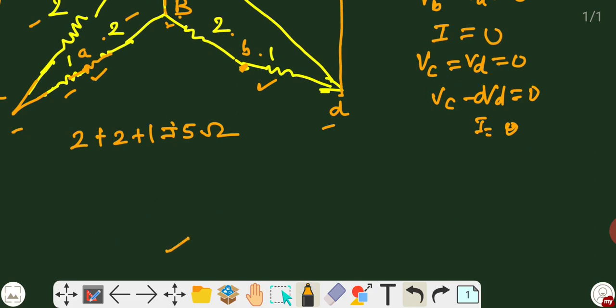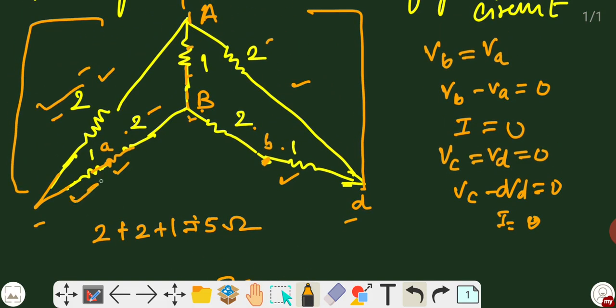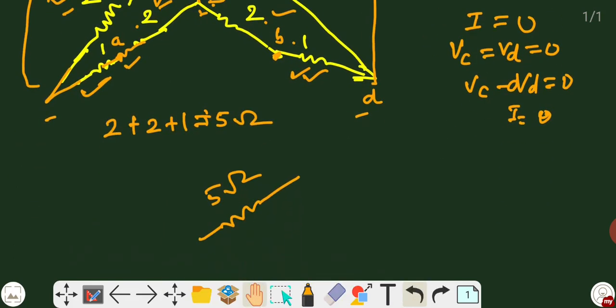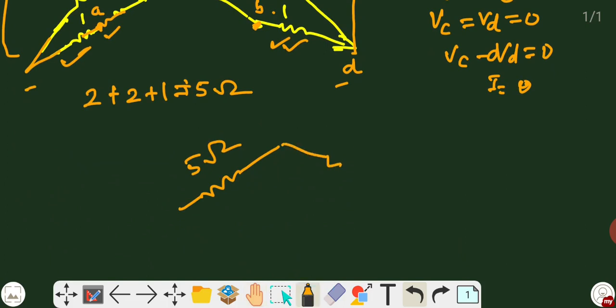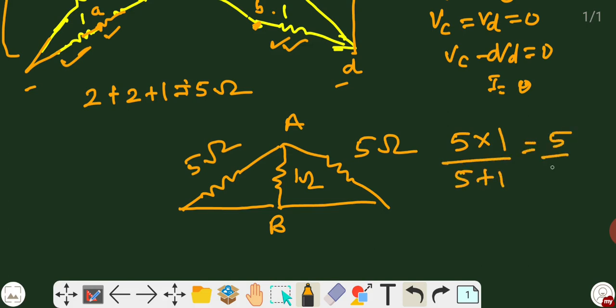So at this point you get 5 ohms by solving this network. At the same time you also get 5 ohms on the opposite side. In the middle you get this 1 ohm, and it is connected like this. It means all three are in parallel connection. So 5 into 1 upon 5 plus 1 is equal to 5 upon 6.